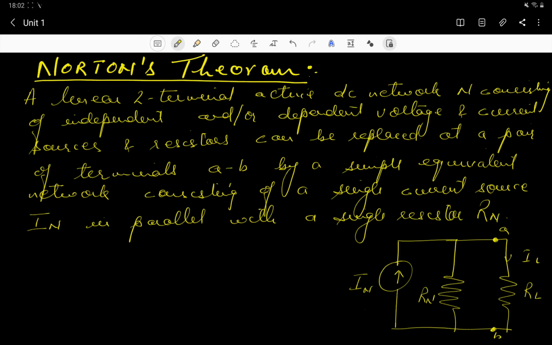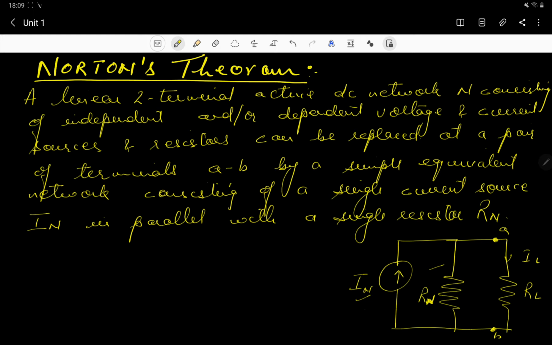Here we have the current source and the resistance in parallel. So in this circuit we have replaced the network across these two terminals AB with the current source in parallel with the resistance.